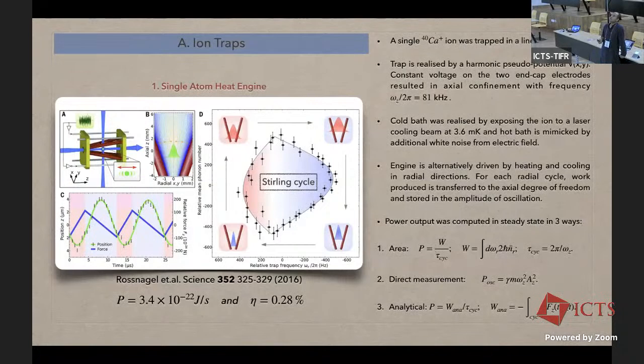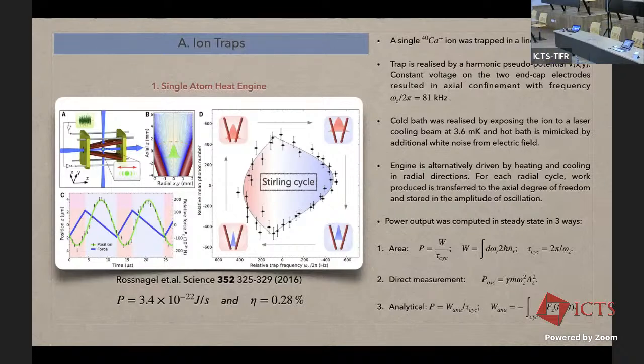What they have done is they have a calcium ion in a single ion trap, a linear Paul trap. This trap has a funnel-shaped geometry, and the ion is trapped in between. The trap is realized by pseudo potentials in the x and y axes.